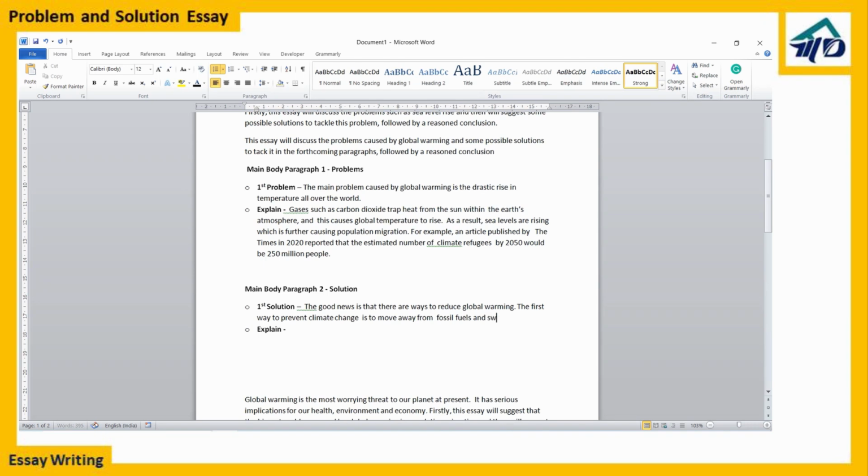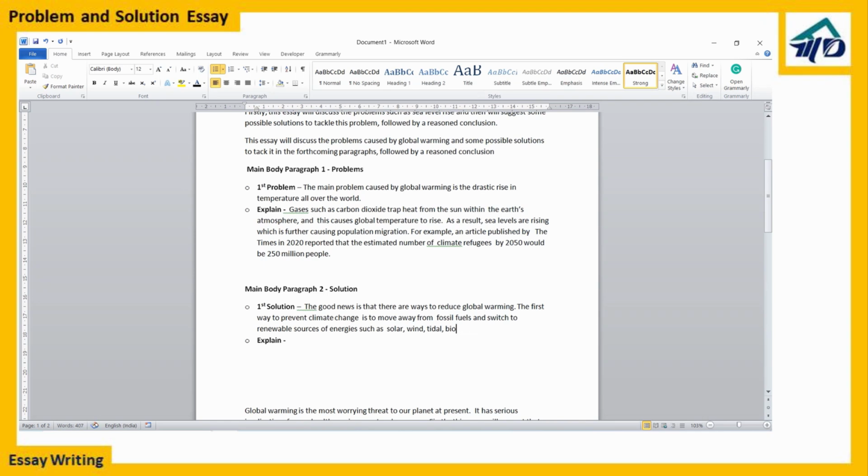And switch to renewable sources of energy. So my first statement, and I won't put a full stop here. Energies such as, I will mention here itself, such as solar, wind, tidal, and then geothermal.